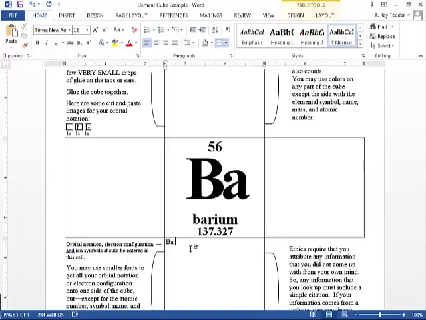It can be done for electron configurations, but not for orbital notation. So homework, quizzes, tests, you cannot write a shorthand version of orbital notation. But for the element cube, I'm going to let you do that. Okay? All right, let's go back to the periodic table here a minute.